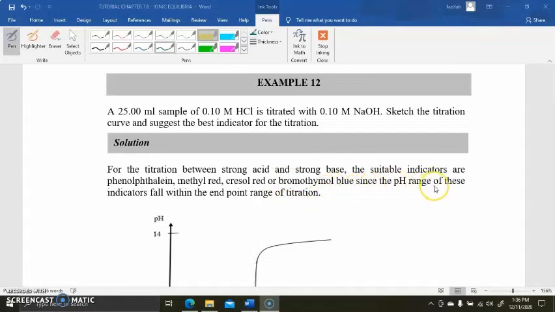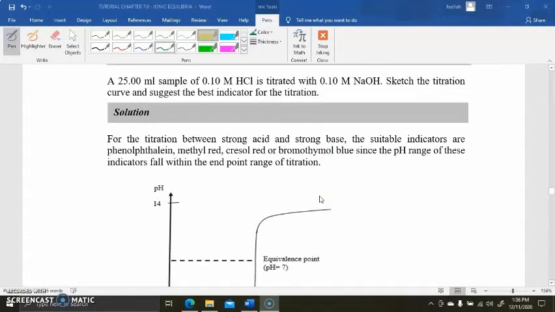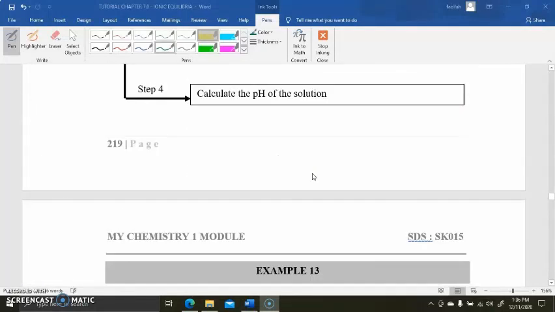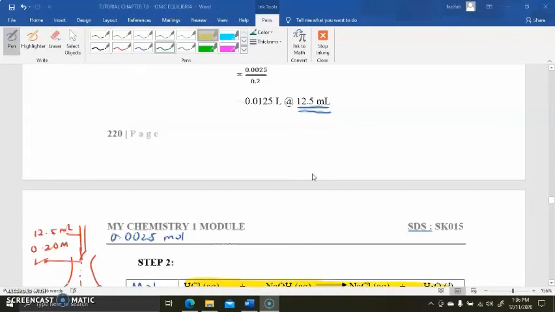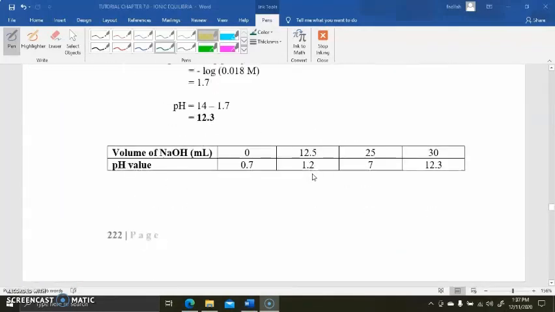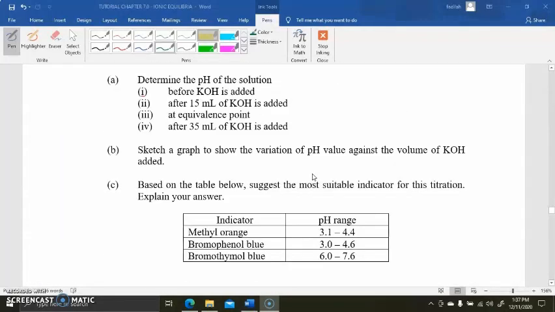Okay, because the pH range of this indicator ni, they fall within the endpoint range of titration. Okay, so ini contoh macam mana kita nak answer practice question 18. Okay, untuk C. Alright, so good luck everybody.